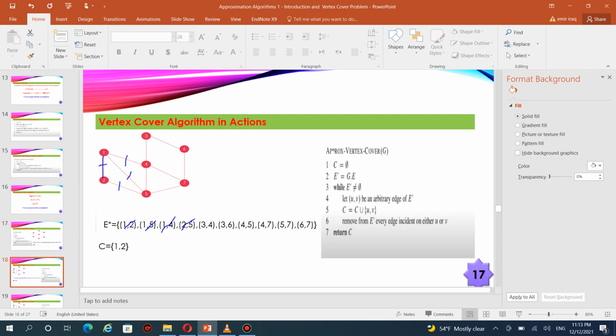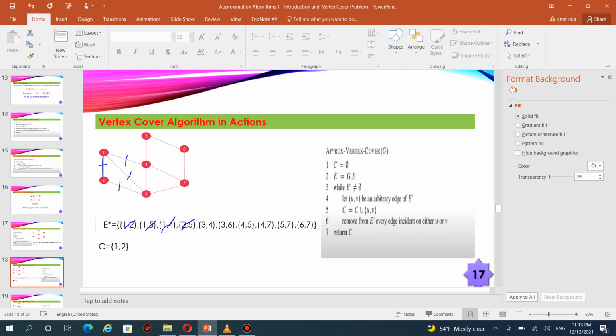By selecting 1, 2, we will delete 1, 2, 1, 4, 1, 5, 2, 5. After that, the first step is C equal to null, and E is all the edges in this graph.